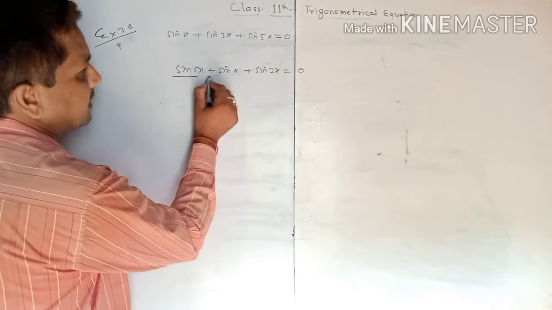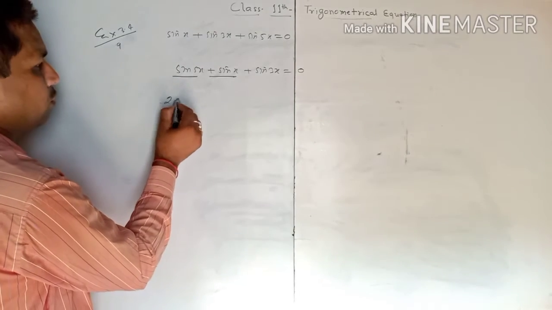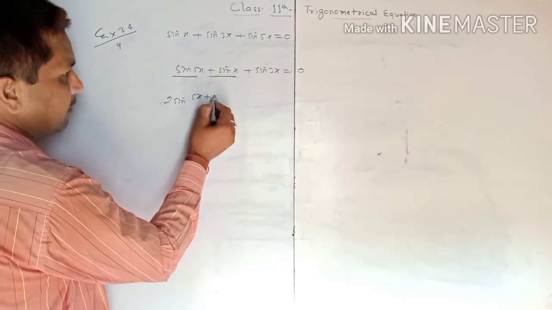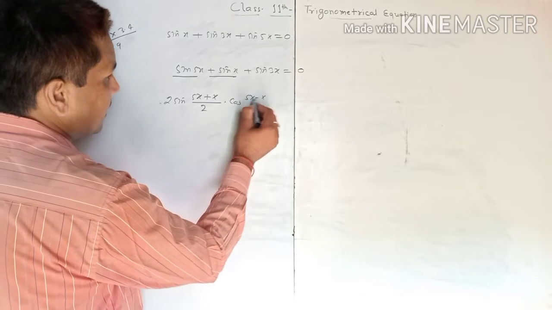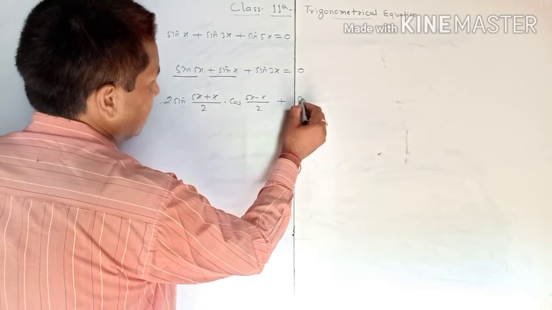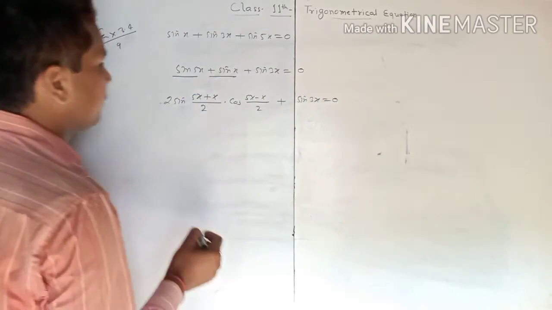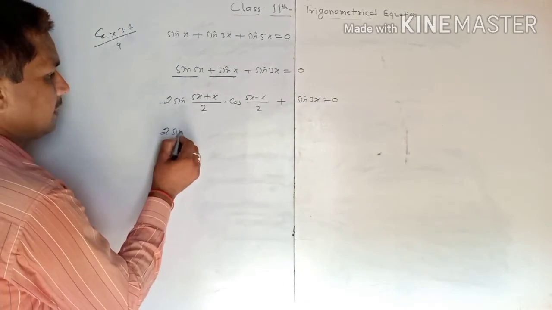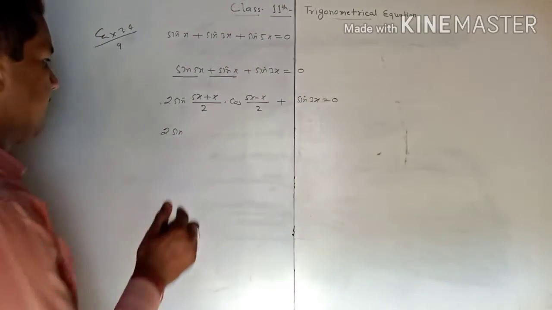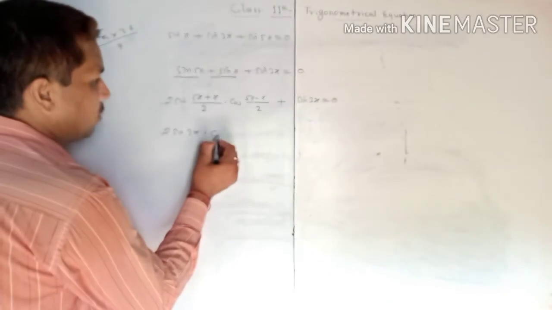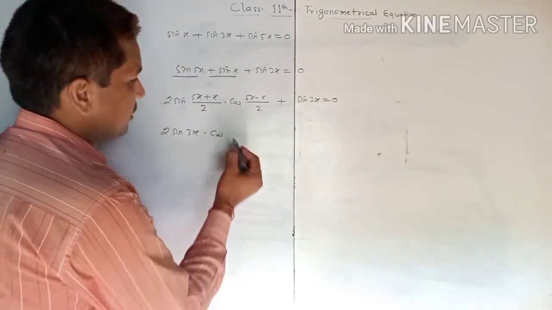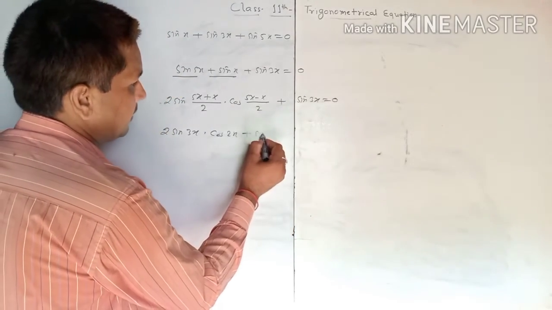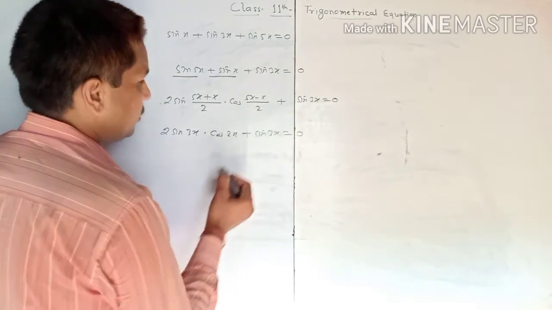Sin C plus sin D. You know, 2 sin of (5x plus x) by 2 into cos of (5x minus x) by 2, plus sin 3x equal to 0. This can be written as 2 sin 3x into cos of 4x by 2, that means 2x, plus sin 3x is equal to 0.